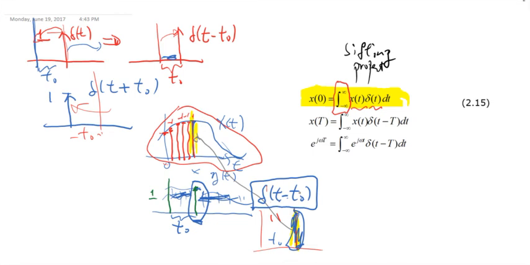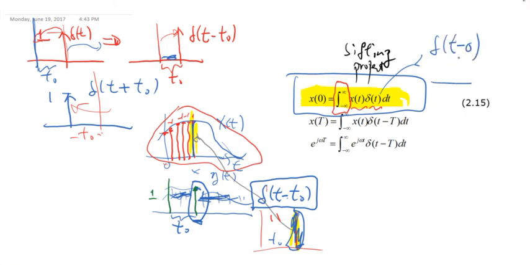So if we consider this particular case, xt times delta t, that is delta t minus 0, the delta function here. So we get exactly the function value at 0 here. This is the shifting property.